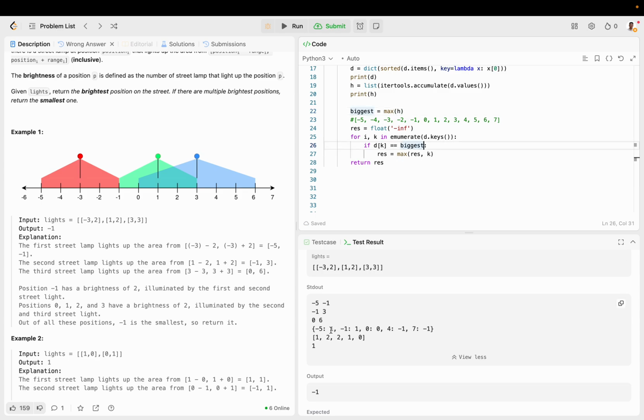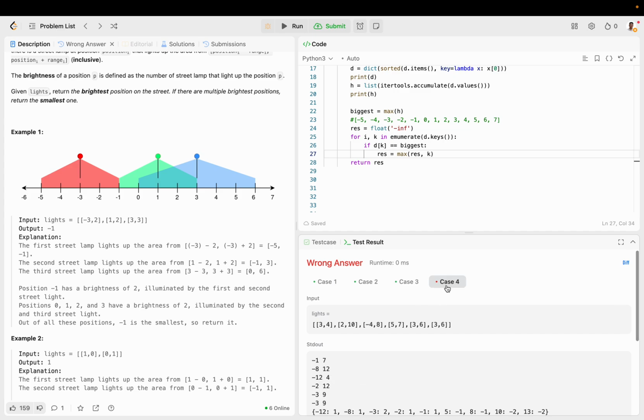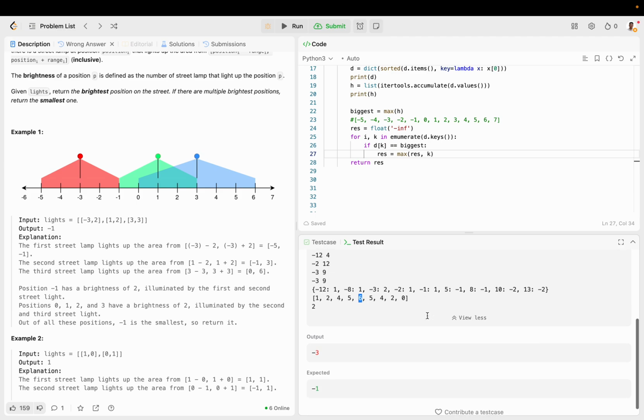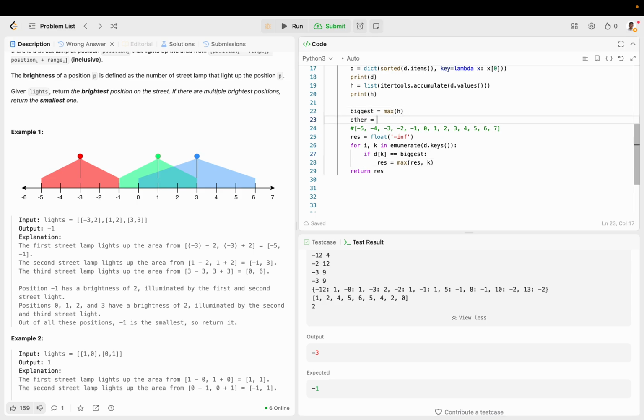If the current value is equal to biggest, then result equals to, well, so we want to line this up with this. So if you look at 6, 1, 2, 3, 4, 5, 1, 2, 3, 4, 5, that's why it's -1. So it's the 5th one. So you have to line up this with the keys now. So other is list d.keys. It's kind of confusing.